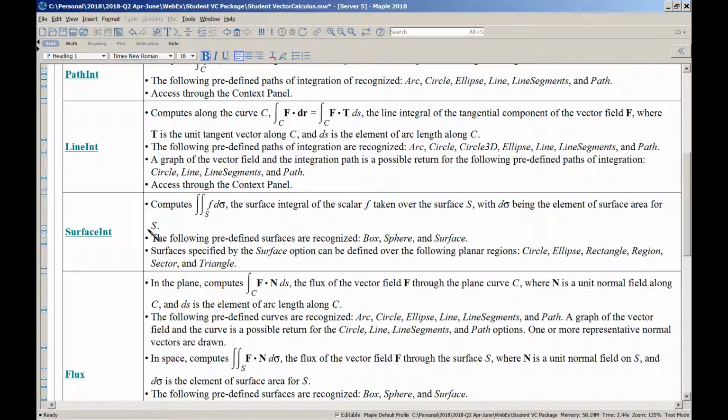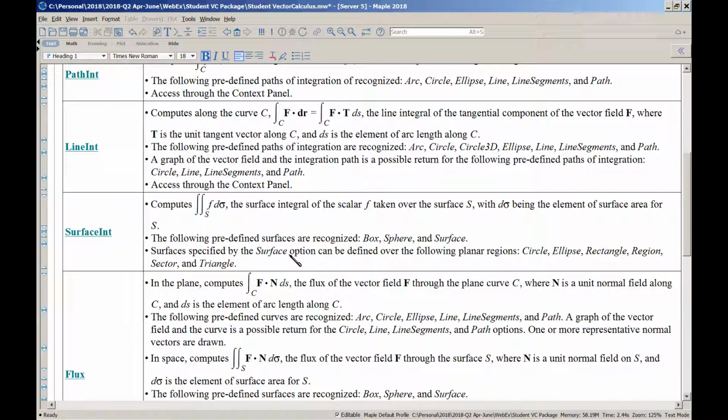There is a SurfaceInt command which will compute the surface integral of a scalar. It figures out what the element of surface area is, so all you need to tell it is a description of the surface. It knows these predefined surfaces: box, sphere, and then the surfaces you define parametrically.